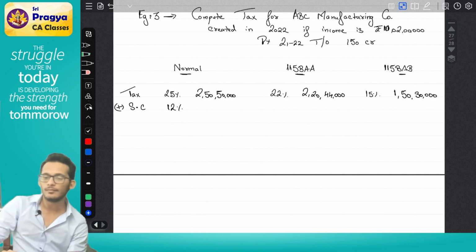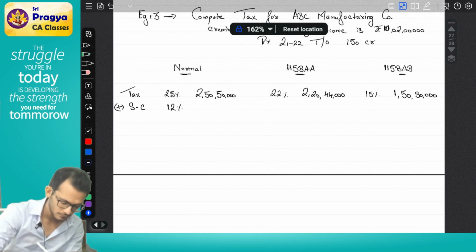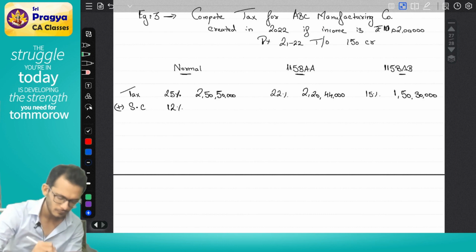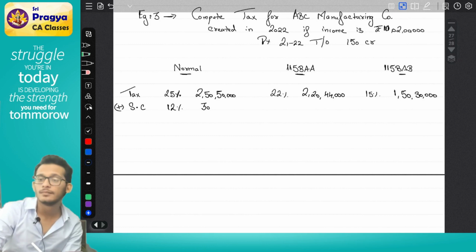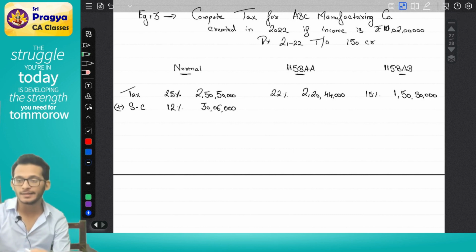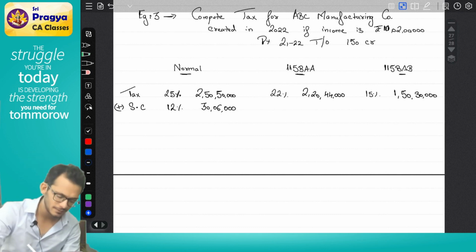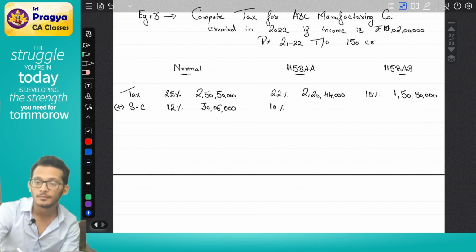That number is 30 lakh 6,000. If you are in 115 BAA, your surcharge rate is 10%. If you are in 115 BAB, your surcharge rate is 10%.